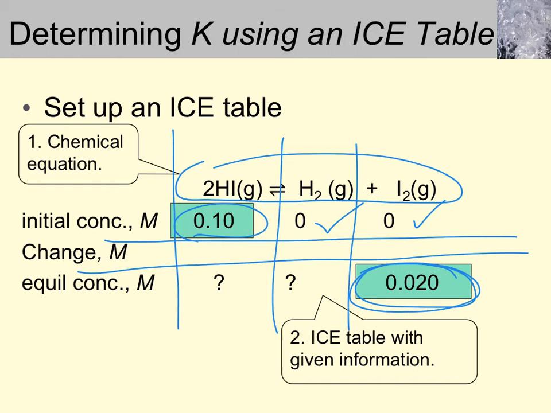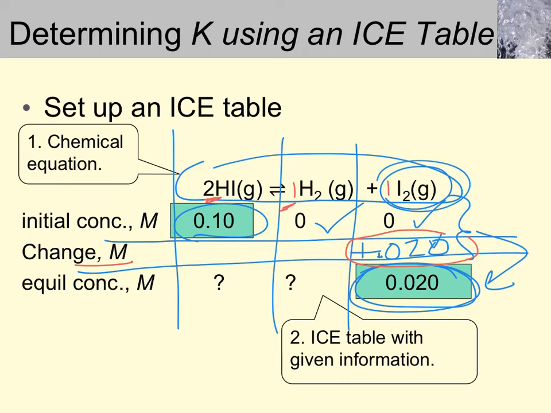So you know that whatever the change is here for iodide, the initial plus the change have to add up to be equilibrium. So the change has to be 0.020. So now once you have any of the change values, you can find the rest of them, because remember they all depend on the coefficients in the balanced reaction.